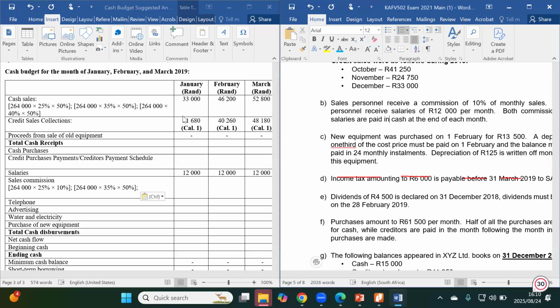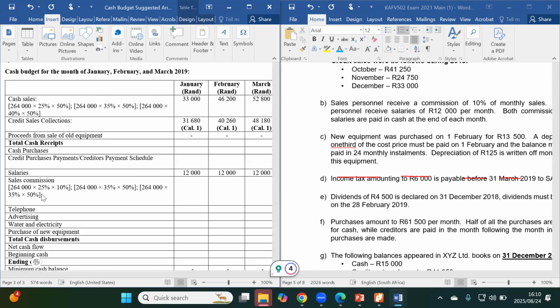But I think it's better this way because you're showing them where you're getting the total sales from, and then you're taking 10% of that. And then you do the same for the last month.